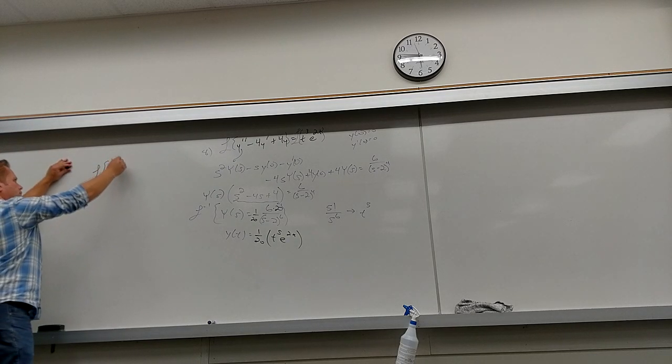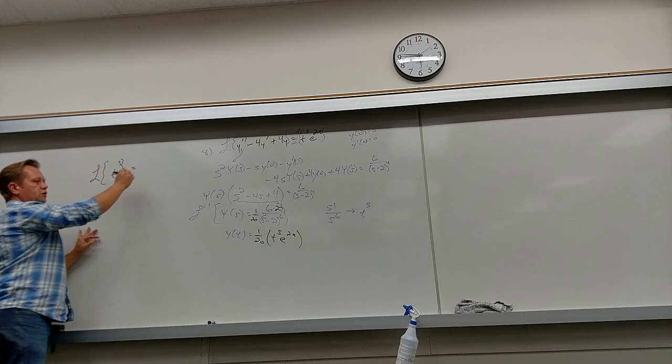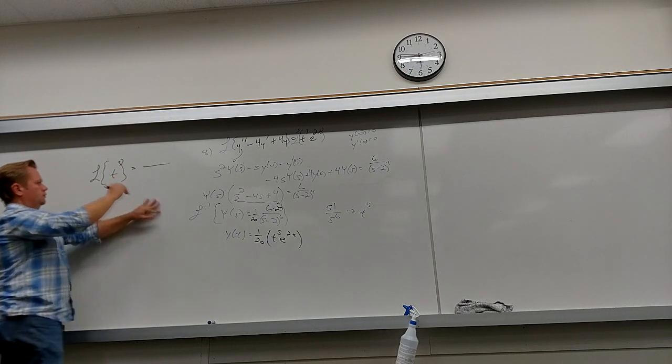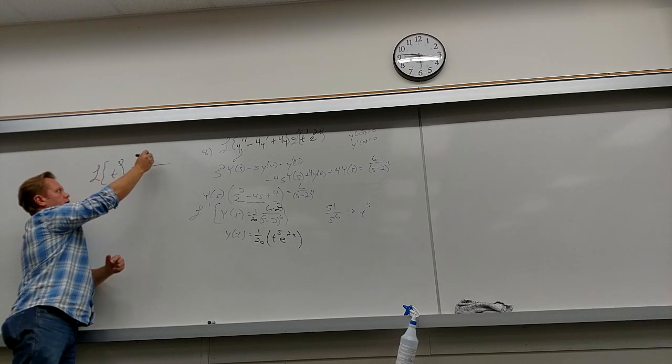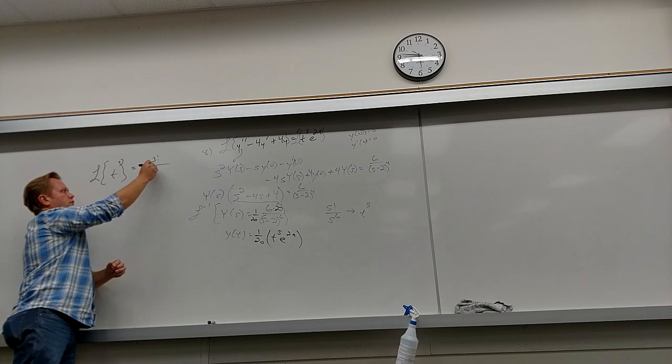I could do it by the definition of the Laplace transform and set up the integral, but if I did, I'd integrate by parts several times. But I think everybody here should be able to accept what this would become. 3 factorial over s to the fourth.